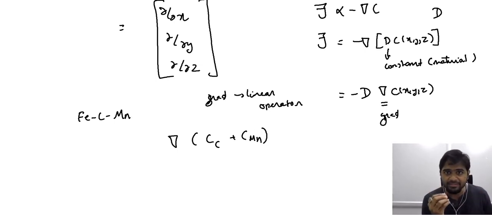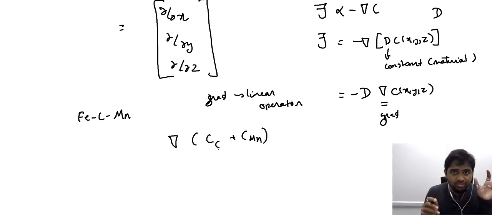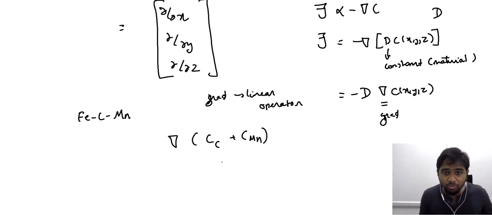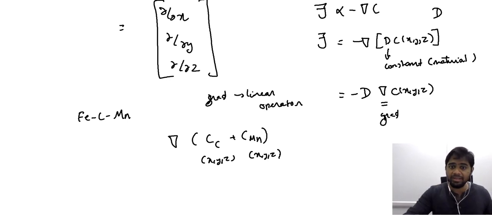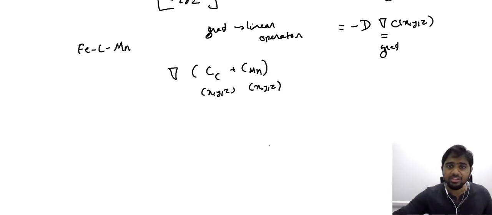So when you want to find the coupled flux associated with such a heterogeneous system, you need to find the gradient of both the carbon concentration and the manganese concentration. In this case you have not just one concentration but two, and both vary with position, with the x, y and z axes in the three-dimensional case.